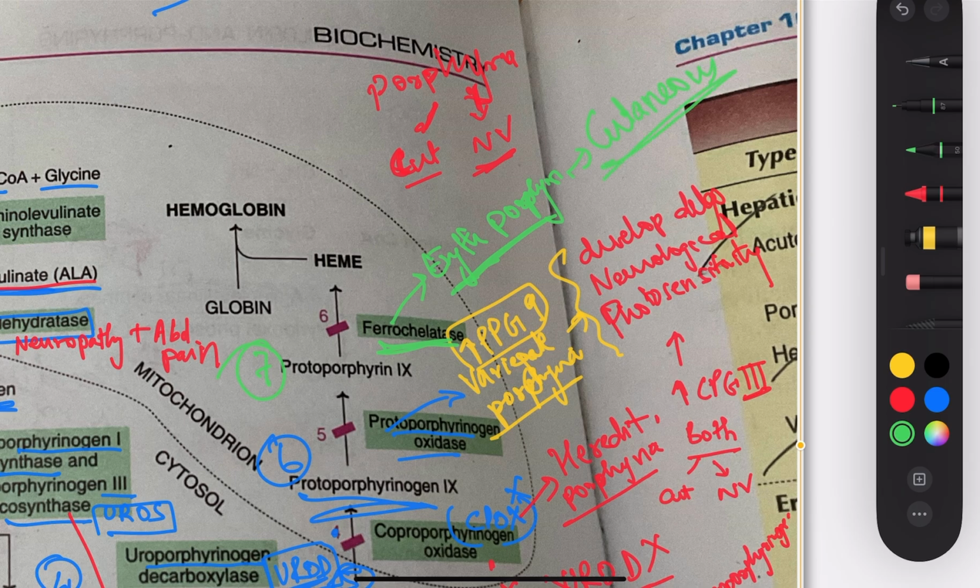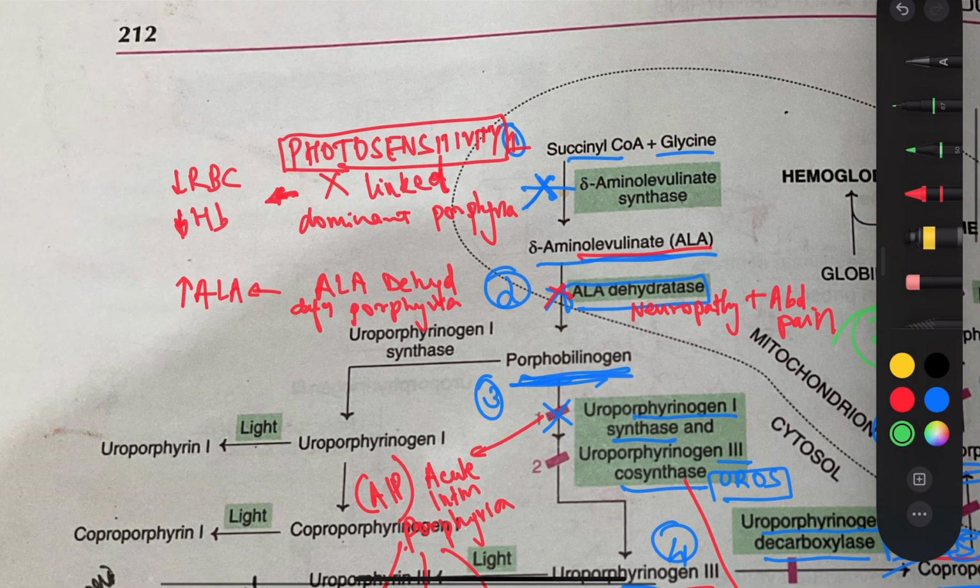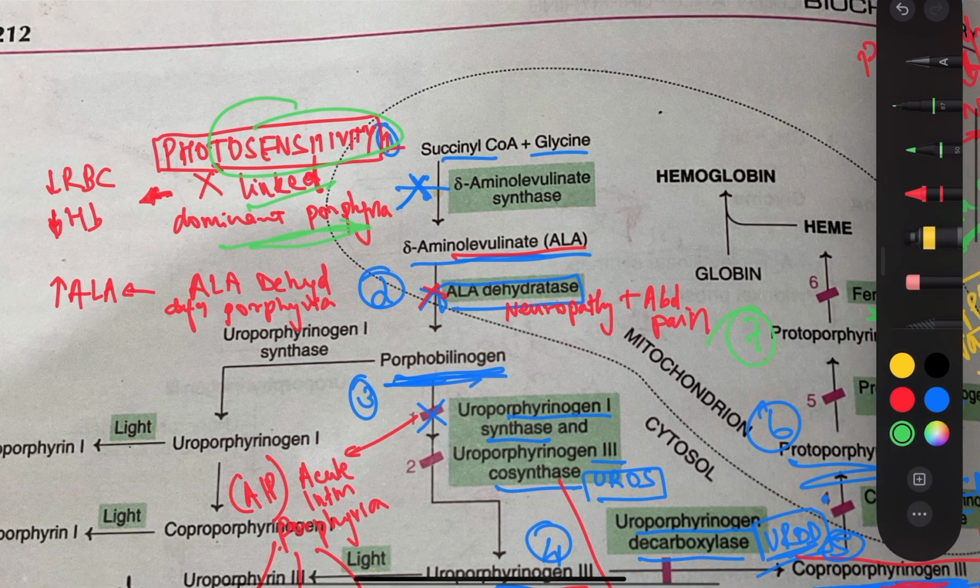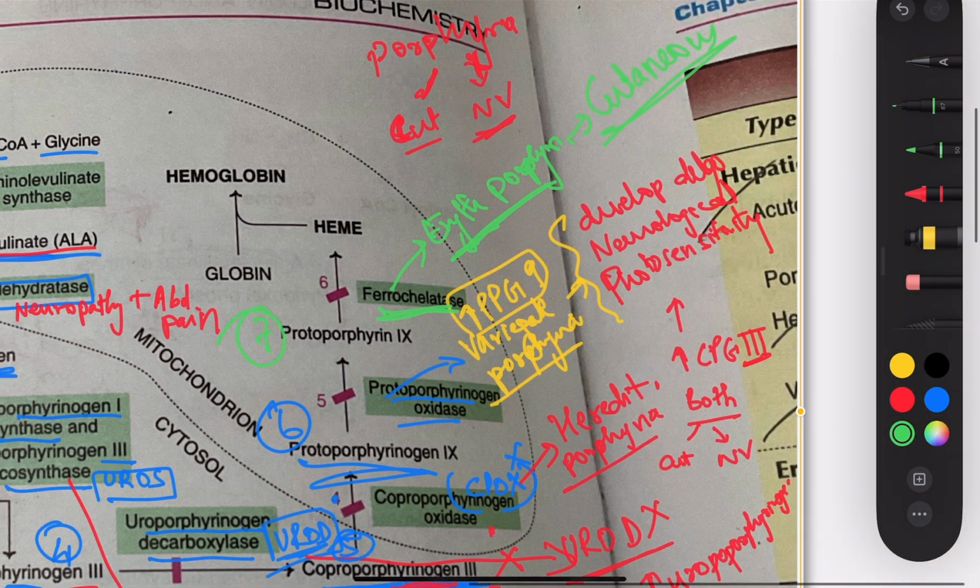As you can remember, the first that we started with, the X-linked dominant porphyria, was also only cutaneous photosensitivity. Here again, we just have photosensitivity. The only thing is that it is non-blistering. All the other ones were blistering. This one is non-blistering protoporphyria, erythropoietic protoporphyria.